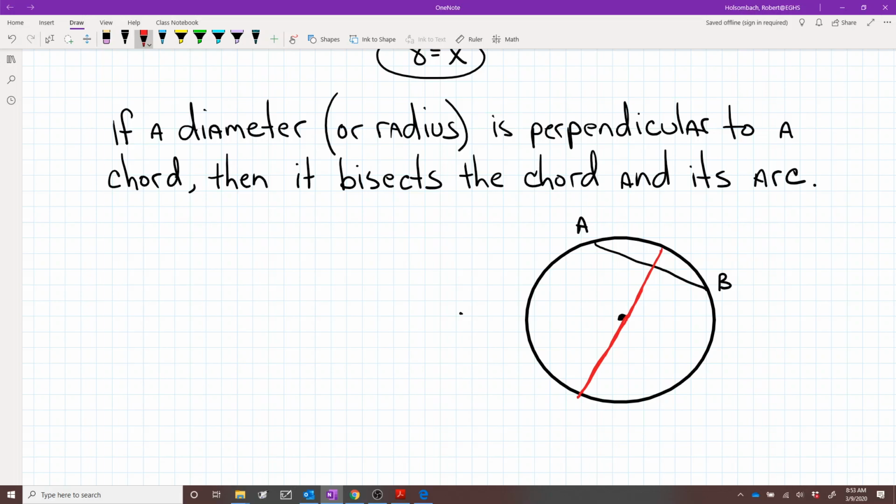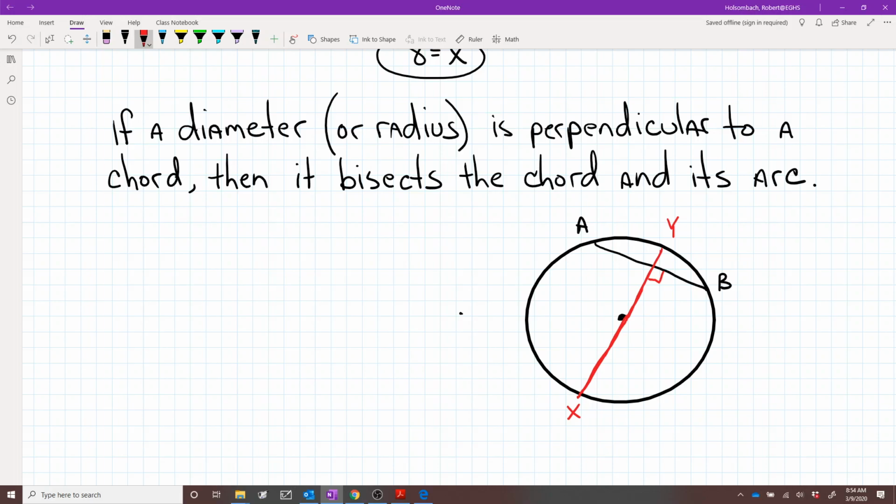If these two intersect at 90 degrees, so now here's XY, perpendicular to chord AB, it bisects the chord and its arc.